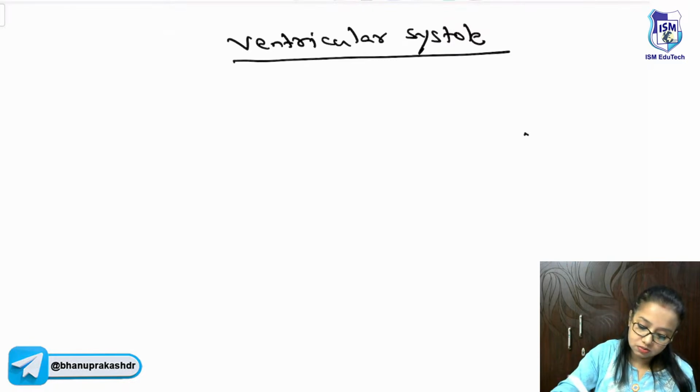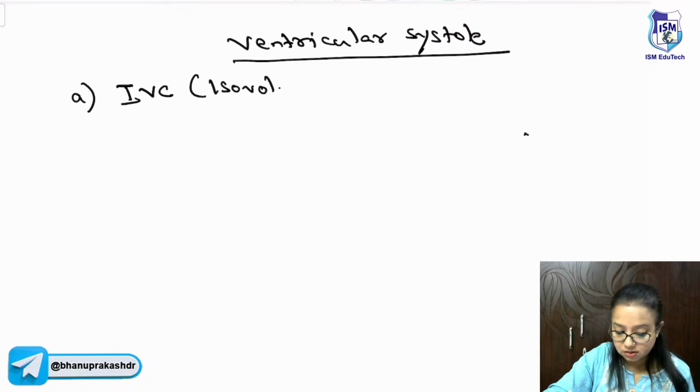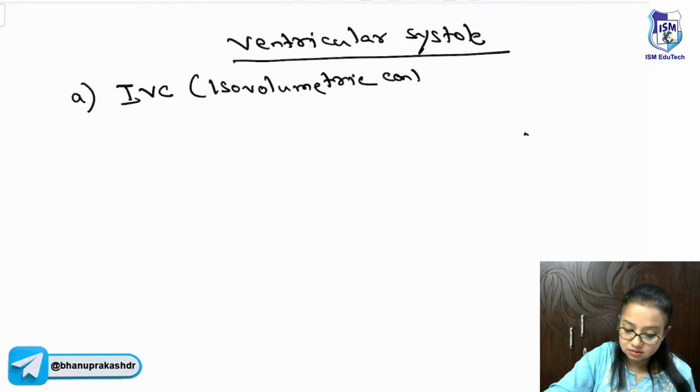So overall, we start with the stages one by one. The first stage that happens is the isovolumetric contraction. So what is isovolumetric contraction?